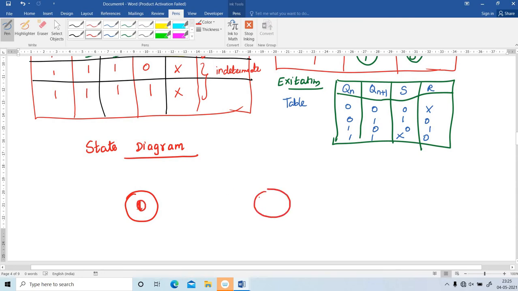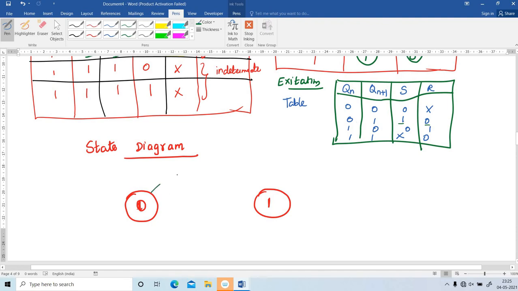And next draw another circle. Here put 1. This 0 and 1 is known as present state. See, from the excitation table, S is equal to 1 and R is equal to 0. Present state is 0 and next state is 1.